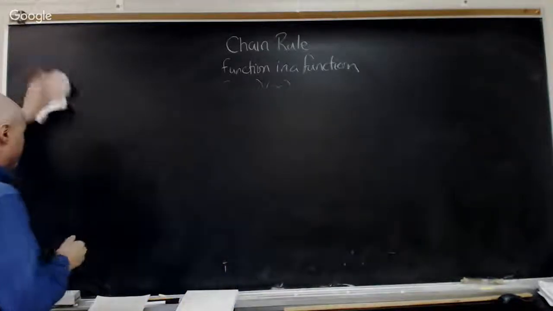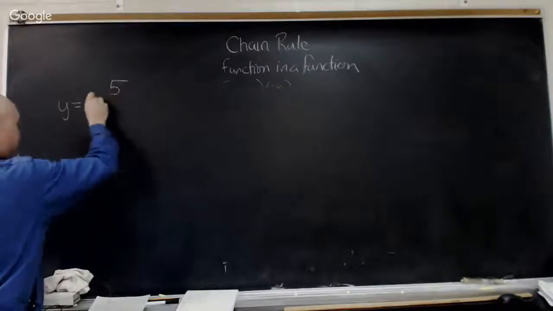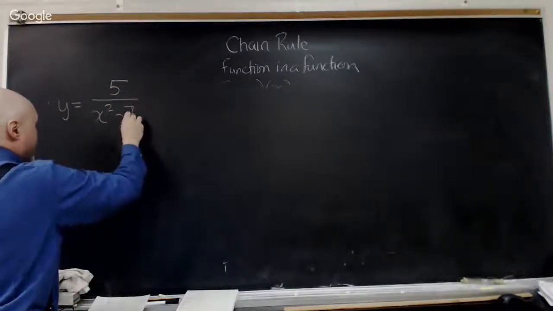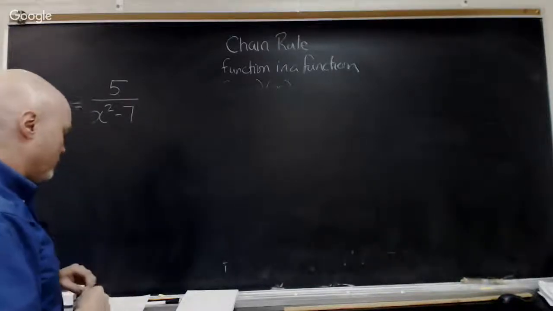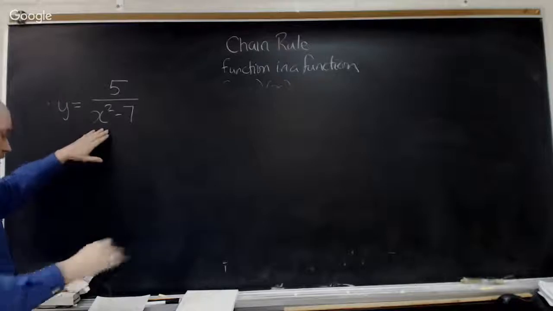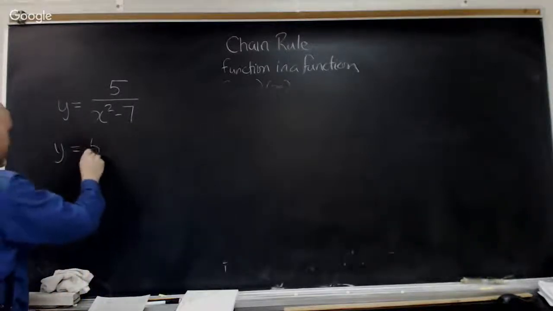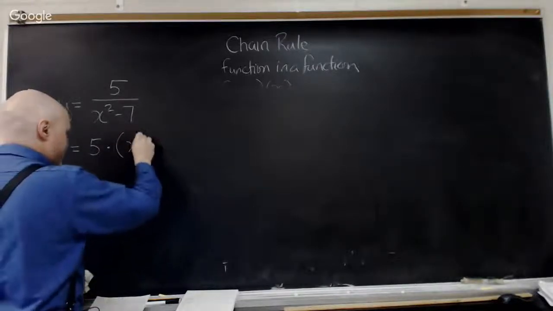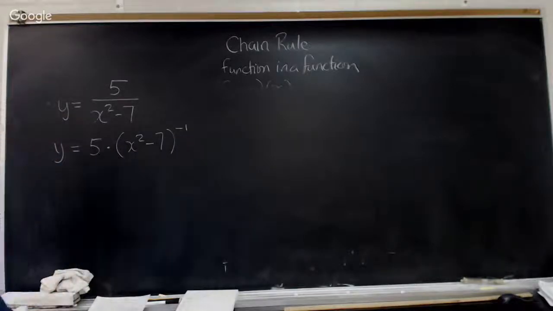So y is equal to 5 over x squared minus 7. It looks a little bit homely because we don't know how to deal with this. Well, we just really don't want to deal with this x squared minus 7 on the bottom. So let's reform it a little bit and turn it into x squared minus 7 to the exponent negative 1.